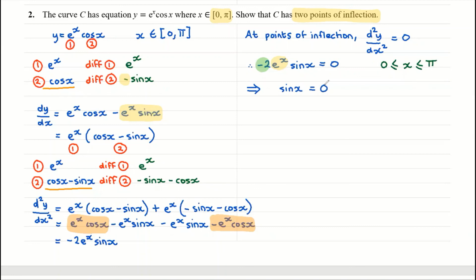Now then, if we solve this as a simple trig equation, we should find that there are two solutions on the interval from 0 to pi. You can do this on a sketch or a CAST diagram. It's up to you. I'll do a CAST diagram. Do both if you want to. So C, A, S, and T. I know it's not authentic, but we can put the 0 degrees.